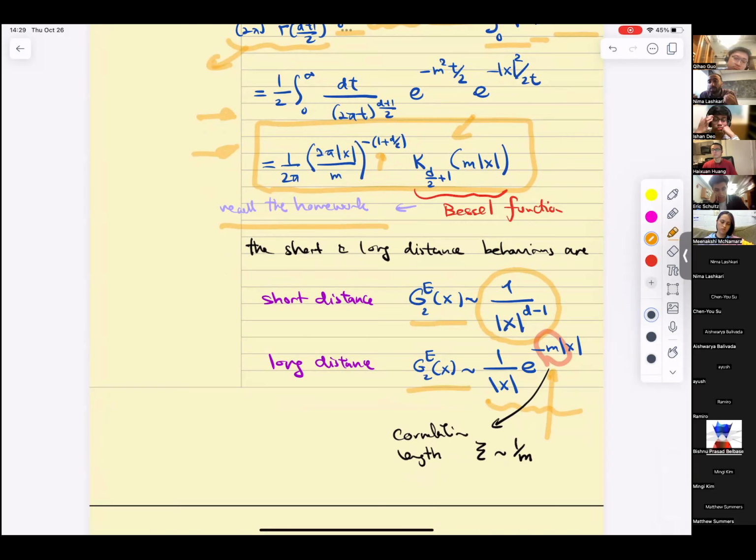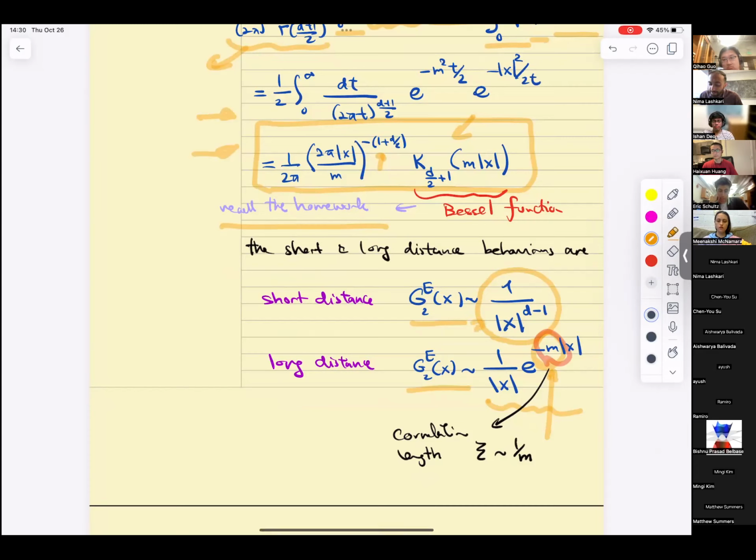This is the very meaning of correlation length. You're now at finite temperature, looking at the 2-point Euclidean function, and the exponent up here, 1 over m, is called the correlation length. That's the very definition of correlation length. So mass is the correlation length.